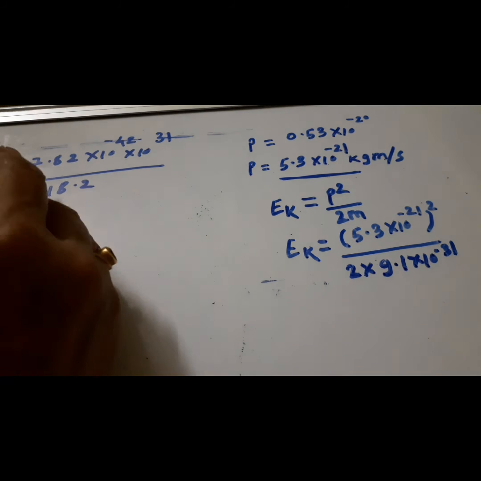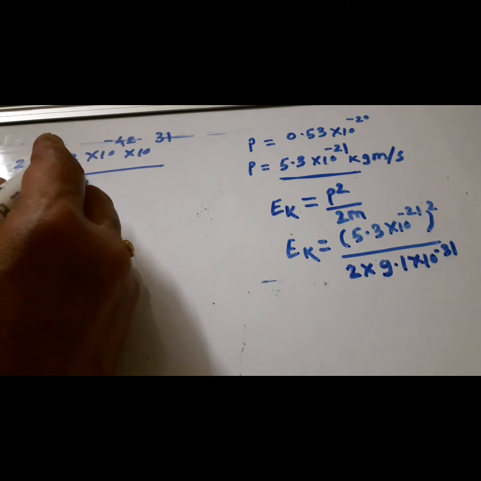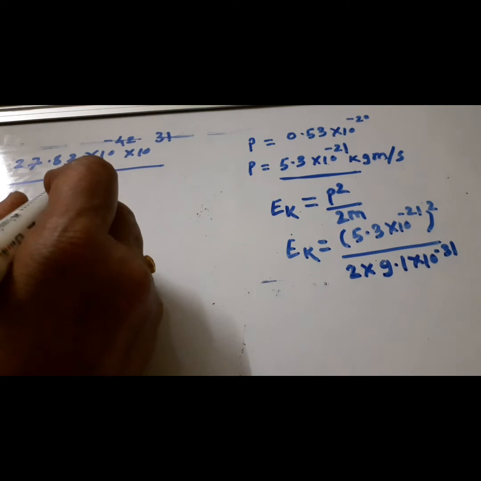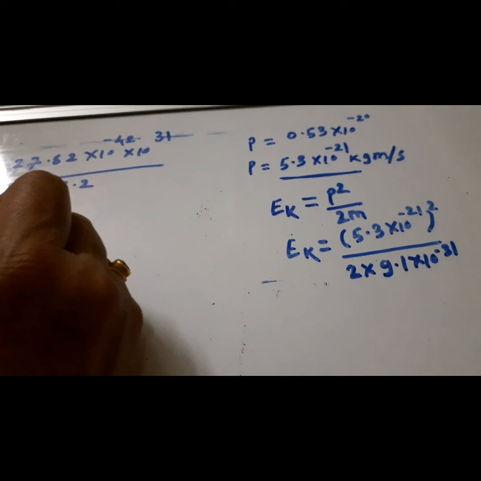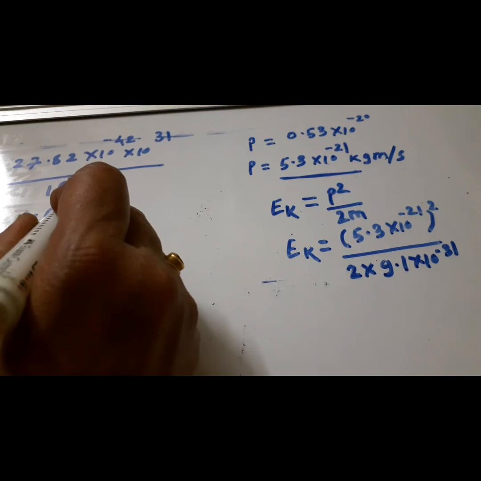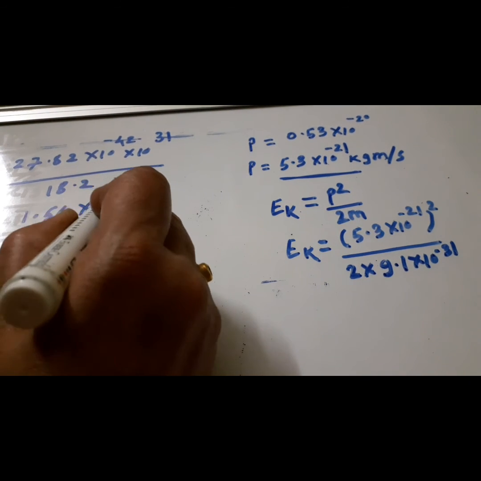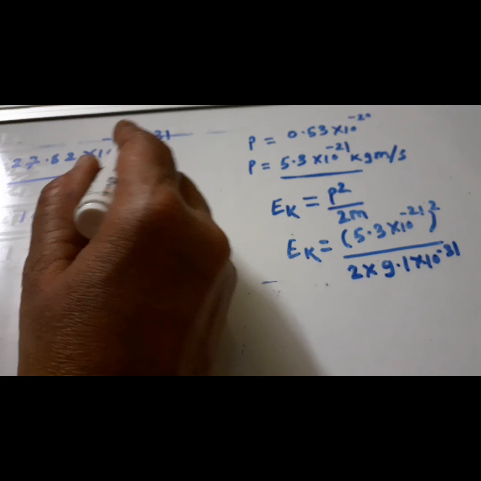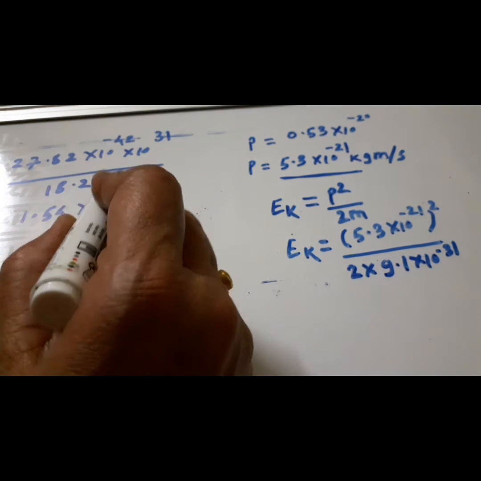Therefore 27.82 divided by 18.2 is equal to 1.54 into 10 to the power minus 11, because minus 42 plus 31 is minus 11.